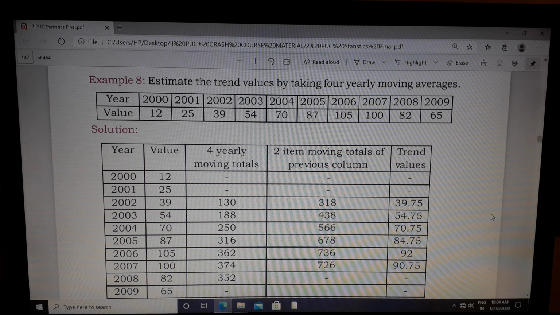Actually, on paper if you calculate this problem, then clearly you will understand where that 130 has to be written: in between 2001 and 2002. Again from the next 4 years, calculating the total 188, that has to be written in between 2002 and 2003. So again the totals fall in between the corresponding years.